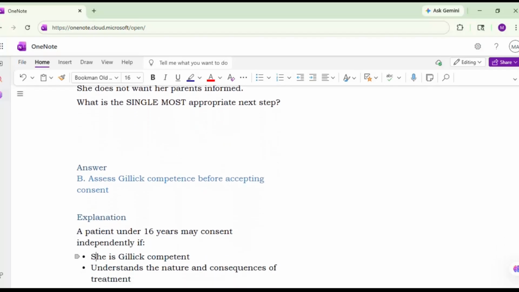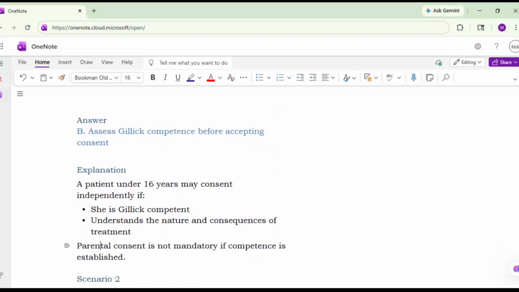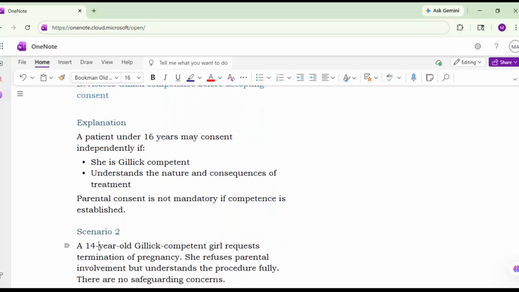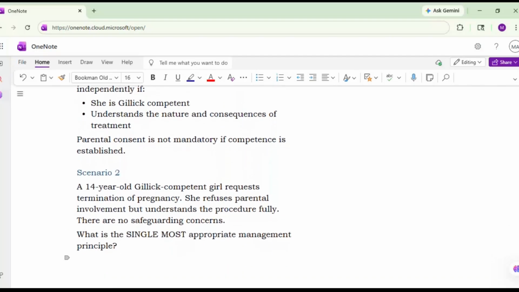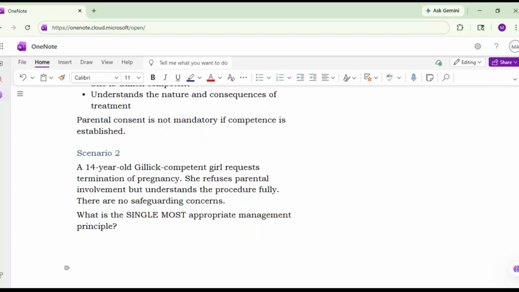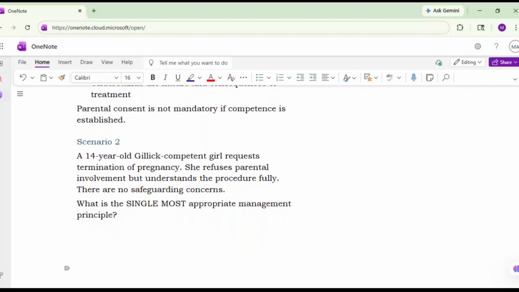Then a patient under 16 years may consent independently if she is Gillick competent, understands the nature and consequences of the treatment. Parental consent is not mandatory if the competence is established. So this establishment of the competence is important. Then next scenario. A 14-year-old Gillick competent girl requests termination of pregnancy.